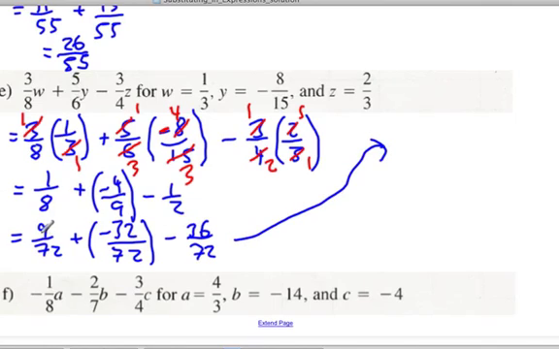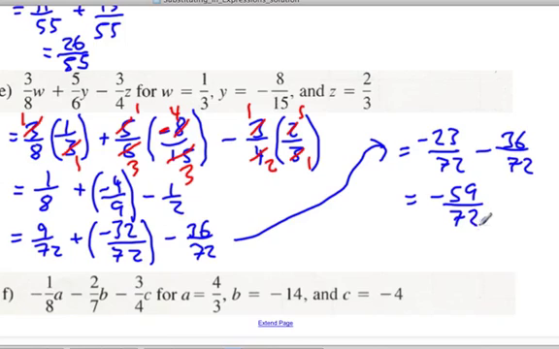So 9 plus negative 32 is going to be negative 23. I'll write this out step by step. So this is going to be negative 23 over 72, and then I'm going to subtract 36 over 72. Negative 23 subtract 36 is negative 59 over 72.